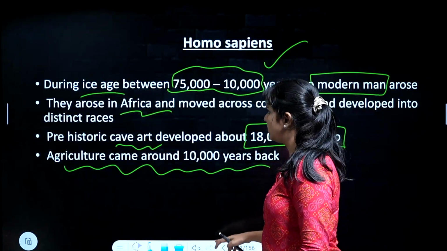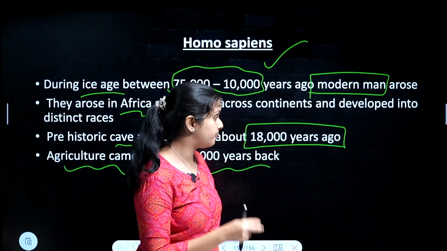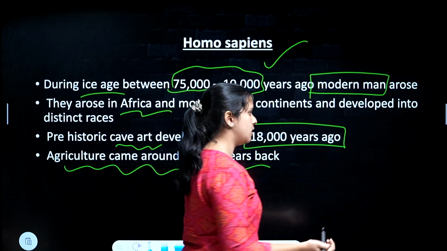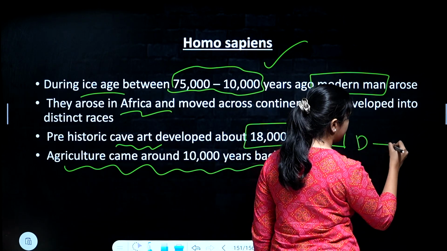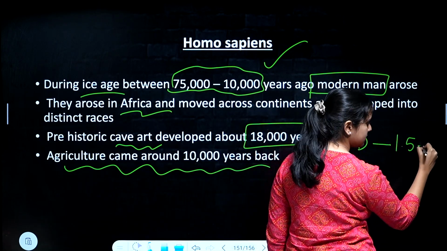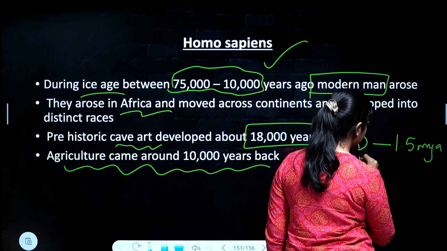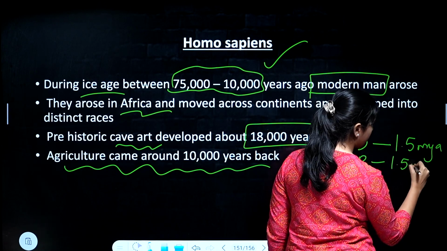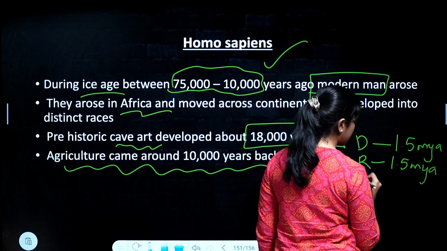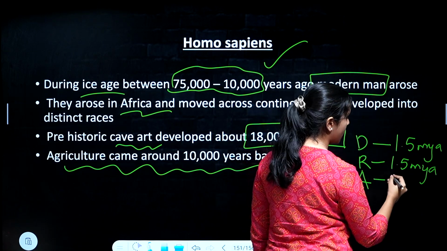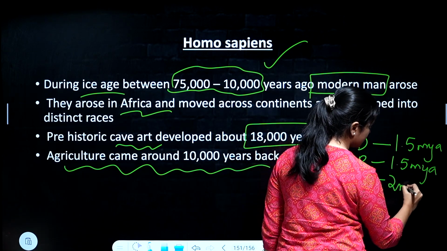So the thing that you have to remember right now is the period in which they evolved. If you look at Dryopithecus, they evolved about 1.5 million years ago. If you look at Ramapithecus, they also evolved around 1.5 million years ago, right? Then you had Australopithecus, who arrived about 2 million years ago.